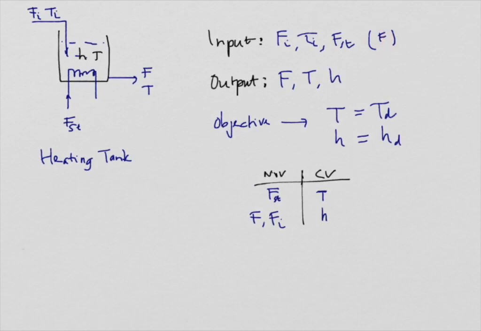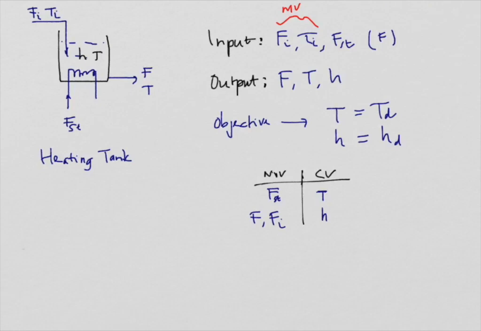But when we choose Fi as manipulated variable, then F is an output variable, not input. Here, we will choose the manipulated variable as Fi and Ti. That is the manipulated variable in this control strategy.